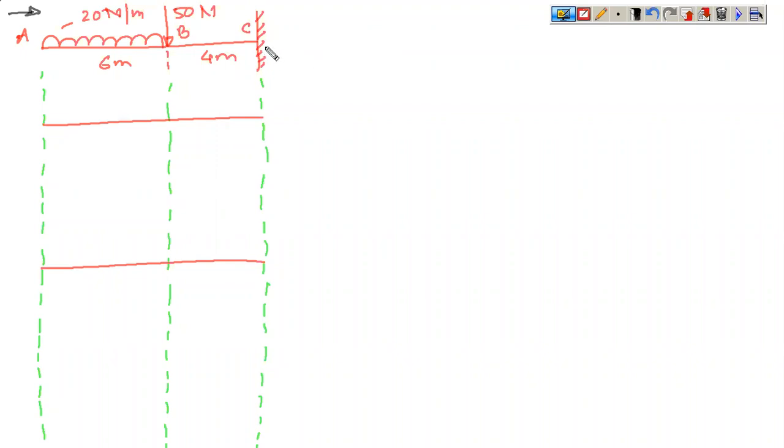The first job is to determine the reactions. You can see that there will be three reactions here, and let us say a constant moment M. This is RC and this is RC dash. If you write sigma Fx equal to 0, you have RC dash equal to 0.